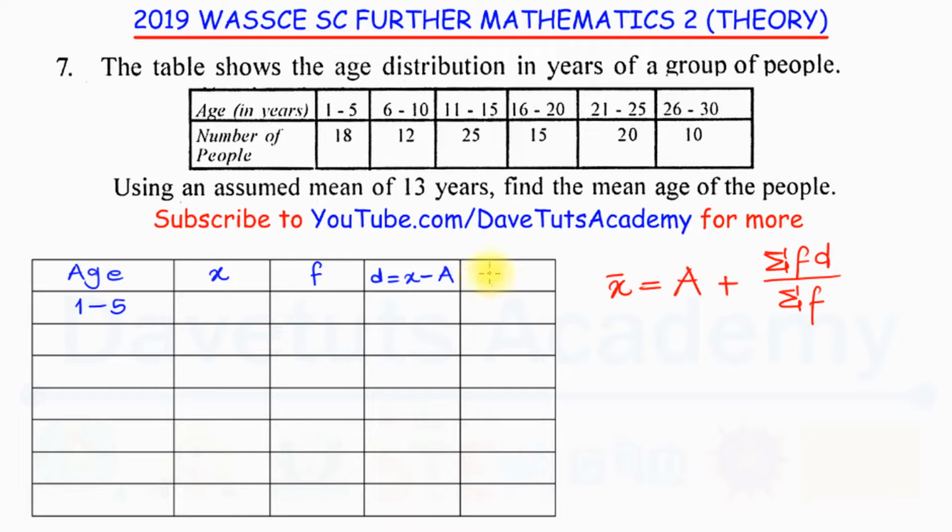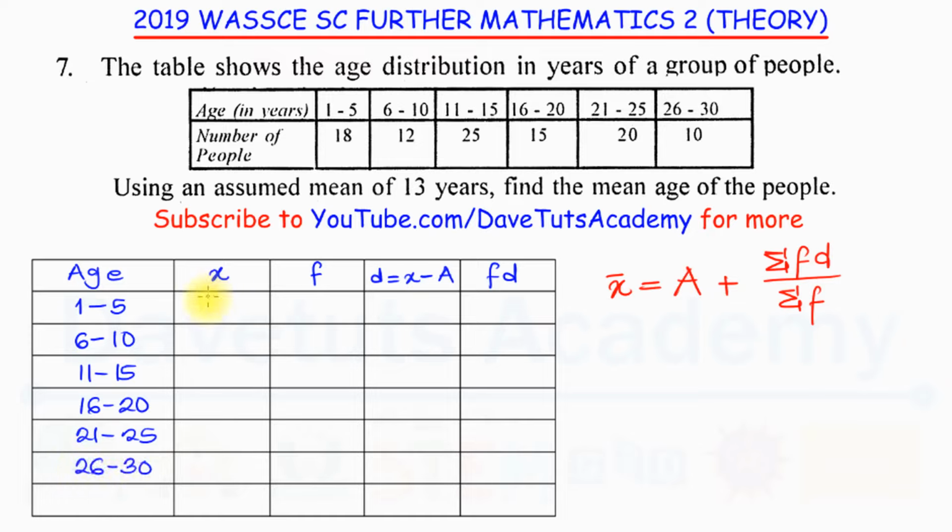Okay, then we can also find the product of the frequency and the deviation. So this is what we need, and in populating this, we know we have 6 to 10, then 11 to 15, then 16 to 20, then 21 to 25, and finally we have 26 to 30.